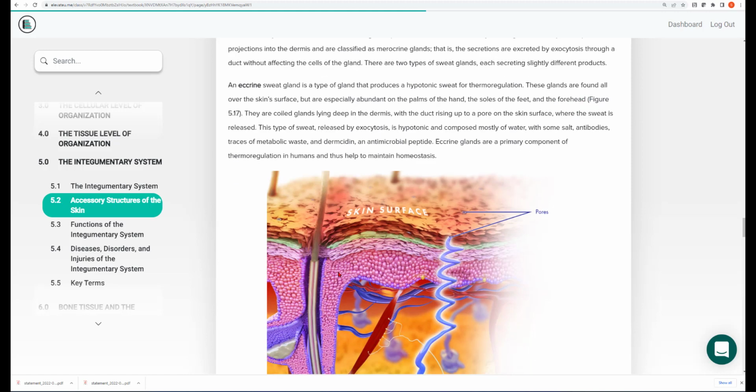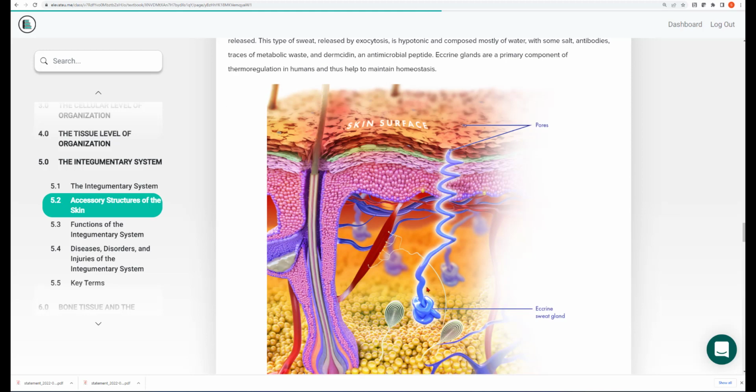You see the little sweat gland here, and this wound up tube that goes up to the surface of the skin, and there are little pores up here where the sweat is released. Notice that these eccrine sweat glands are not associated with a hair. They just go straight up to the surface of the skin. Again, a lot of these in your forehead, palms, and soles of the feet.